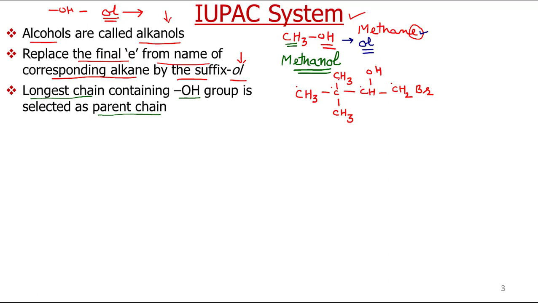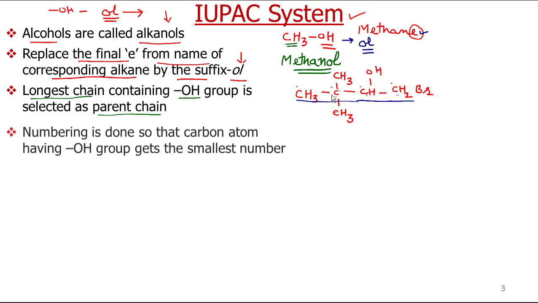This chain also contains 1 2 3 4 carbons, and this chain also contains 1 2 3 4 carbons. So all these chains are identical, so we can choose this chain. Now this chain, which also contains an OH group, will be our parent chain.